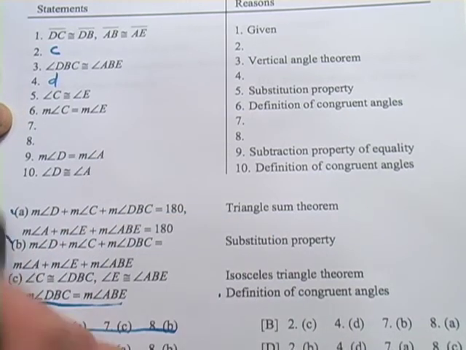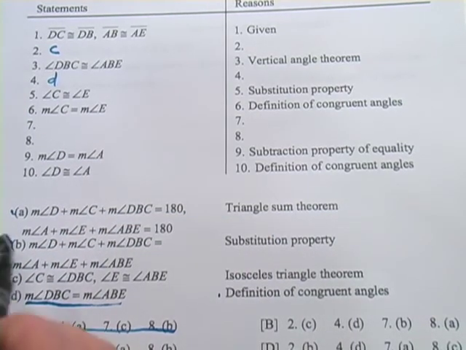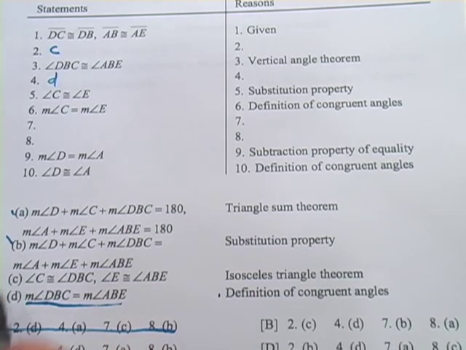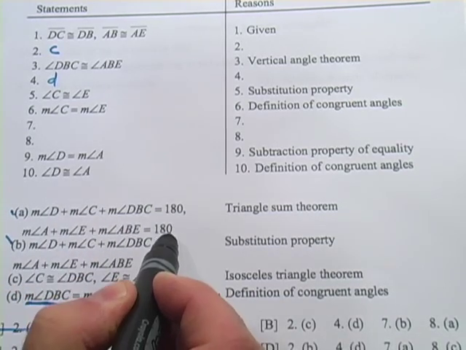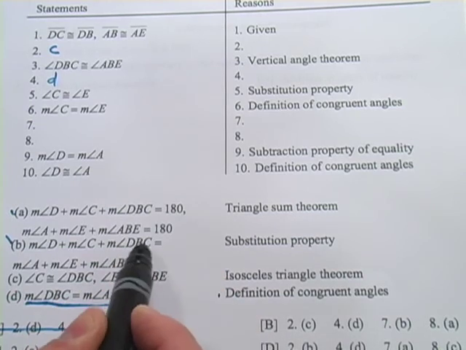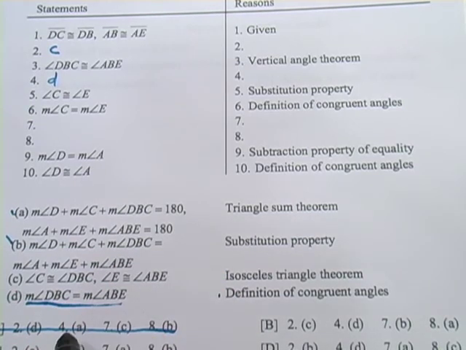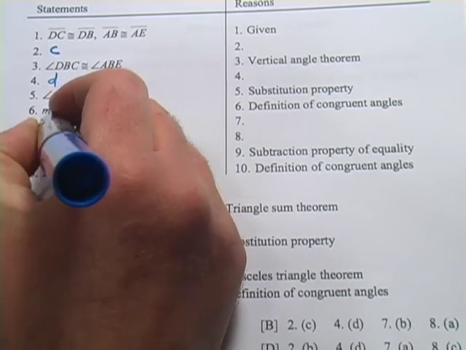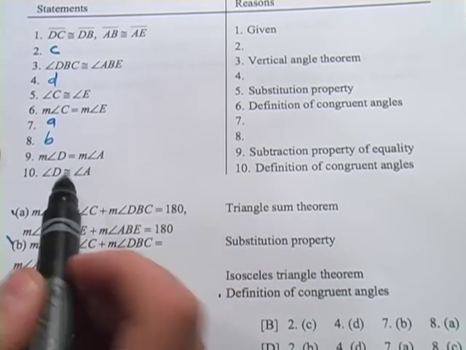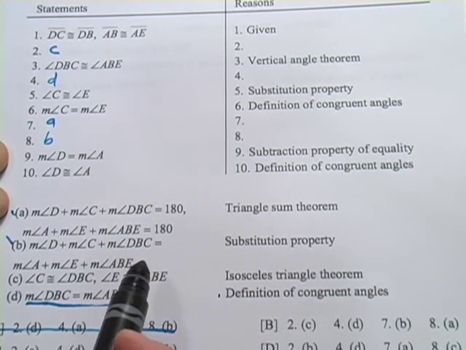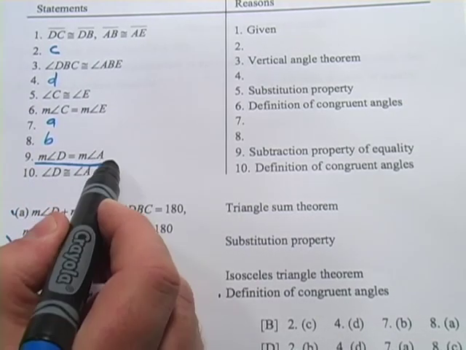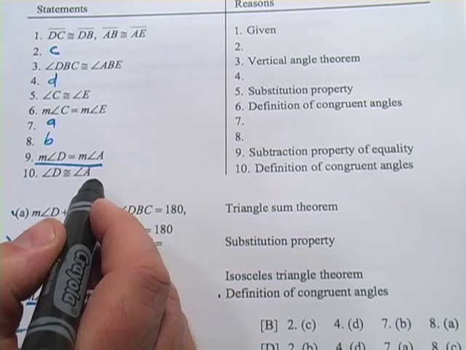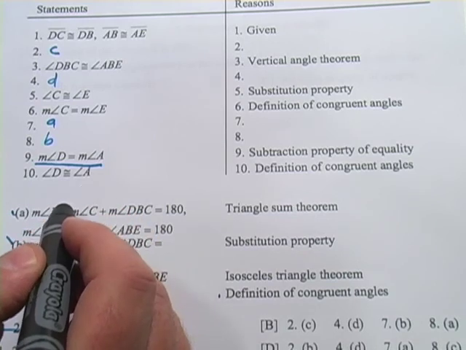And now, well, we only have two left. And what I've said already is that it looks like B should follow A, because all the angles of each triangle add up to 180. If they each add up to 180, you can set them equal to each other. So we would say A and B. And then just to finish off the proof, if they're set equal to each other, then you can kind of cancel out the things that you've said are the same and end up with the fact that D and A have to be the same as well.